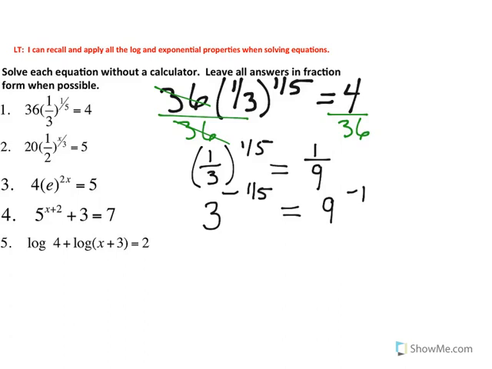If I want to rewrite base 9 as a base of 3, let me run through my powers of 3. So 3 to the 1 is 3. 3 squared is 9. So yeah, absolutely, it'll work. I'm going to rewrite 9 as a base of 3 squared, but I've got to keep the negative 1.